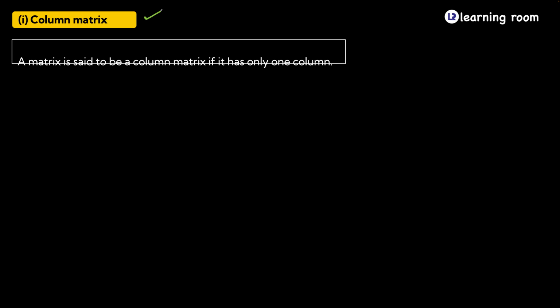If I take a matrix A with elements Aij, what should be the order? Generally we use m cross 1. You will not use the same variables here because i ranges from 1 to m, so you write the order as m cross 1.